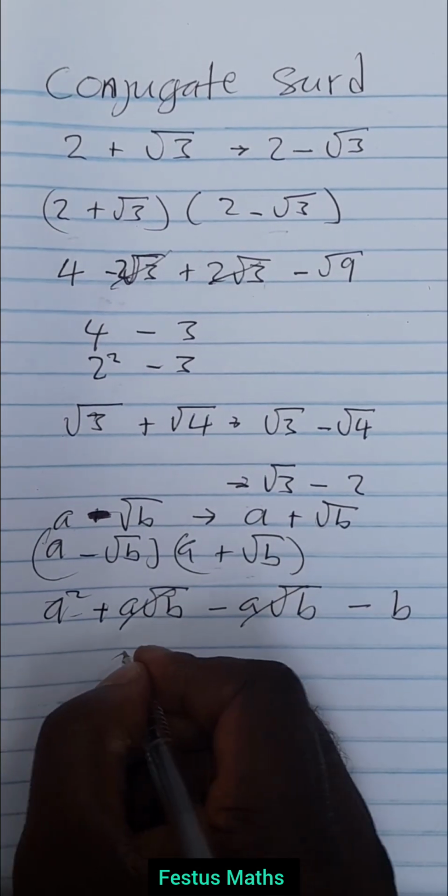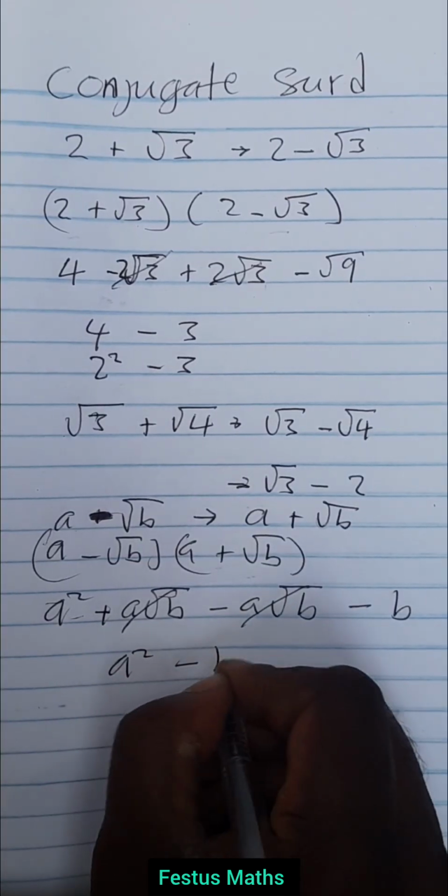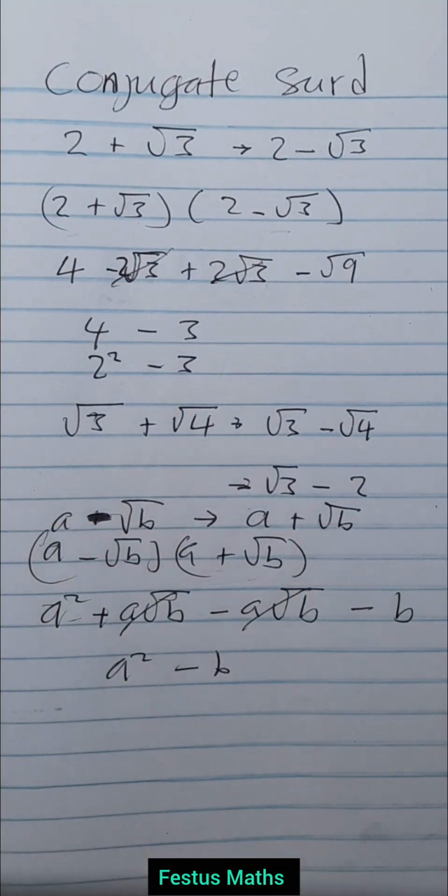So we are left with A squared minus B. So the product of the conjugate gives us A squared minus B.